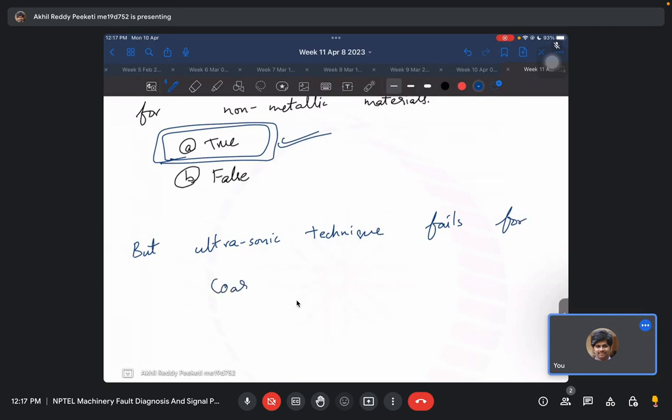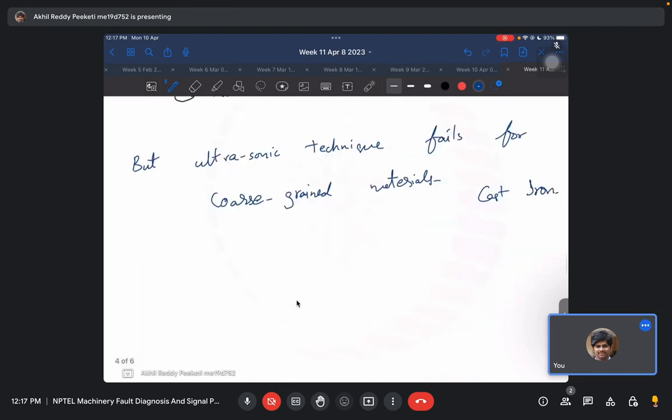It fails for coarse grained materials. One example is cast iron. If you want to detect a crack, and there is a single crack, then you can detect it clearly using the ultrasonic technique.